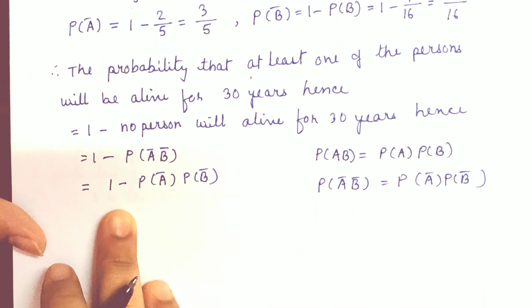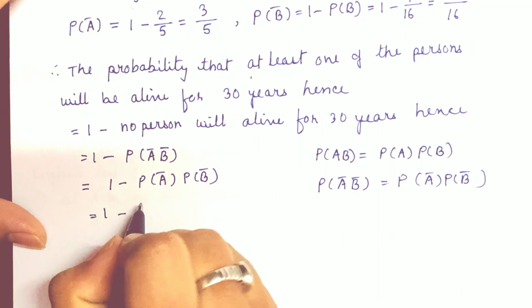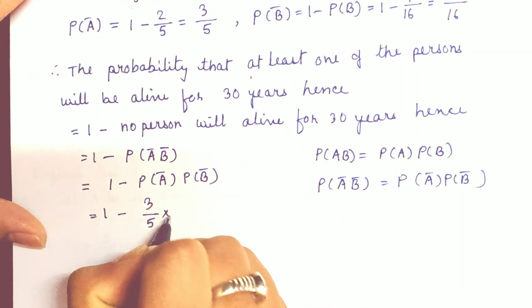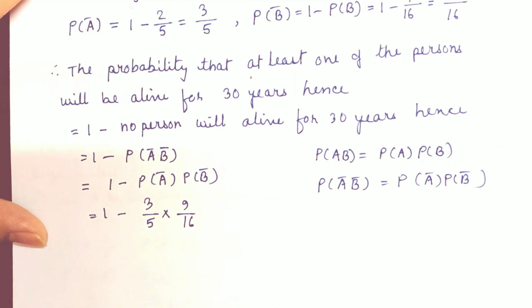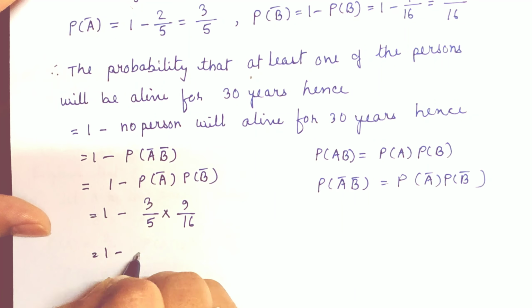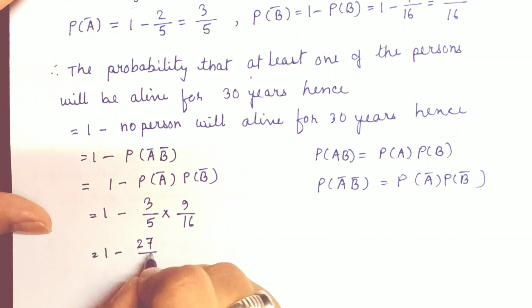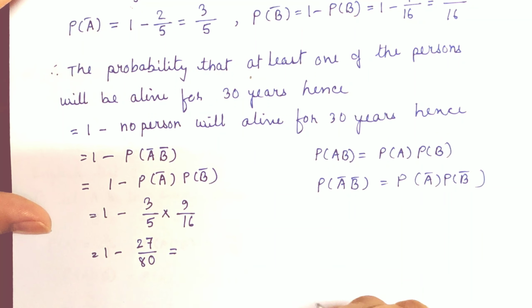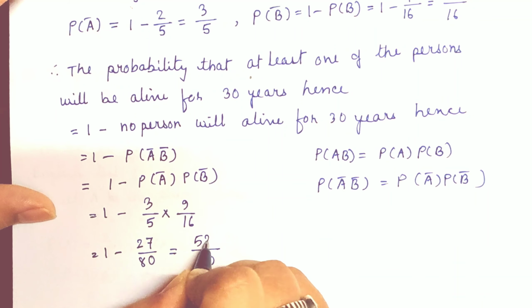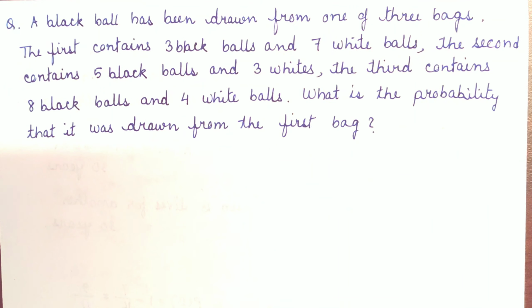Now substitute the values: 1 minus 3 by 5 into 9 divided by 16, which is 1 minus 27 divided by 80, and 80 minus 27 equals 53.